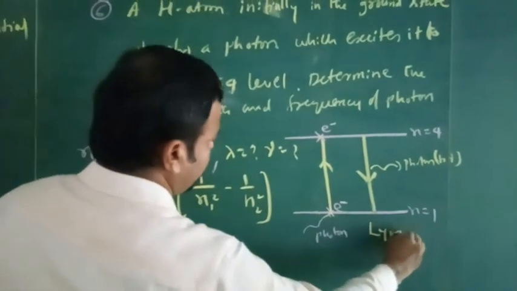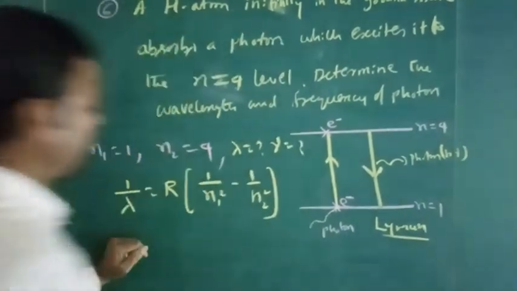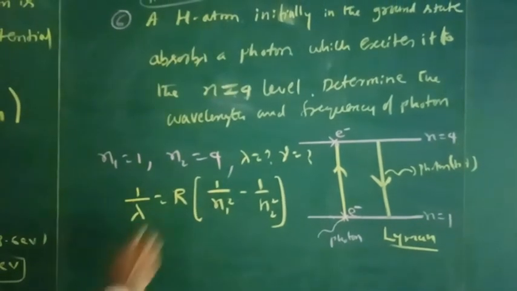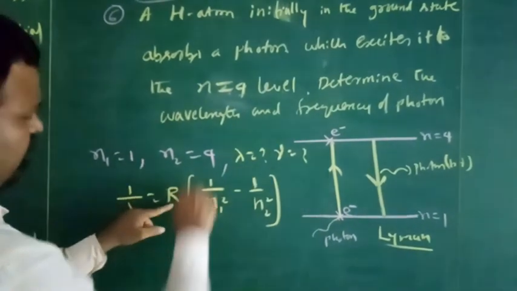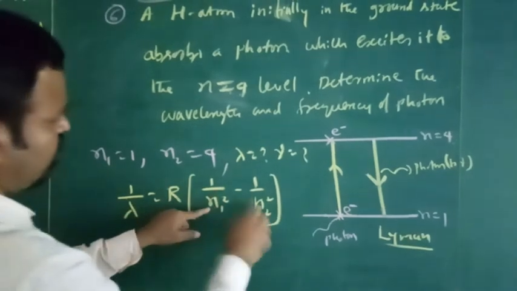Remember, Lyman spectrum. R is given in the textbook, and n1, n2 are known.